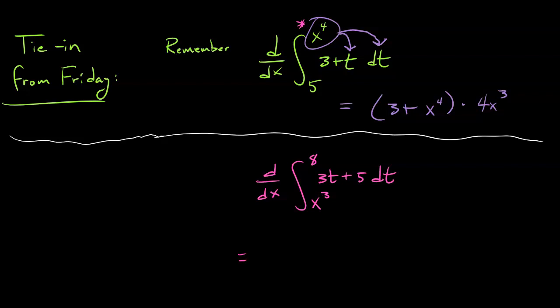Okay, so how would I write this instead? Yep, negative the derivative of the integral of 8 on the bottom, x cubed on top. Very good. So we basically went over how to do this with variables on the top.